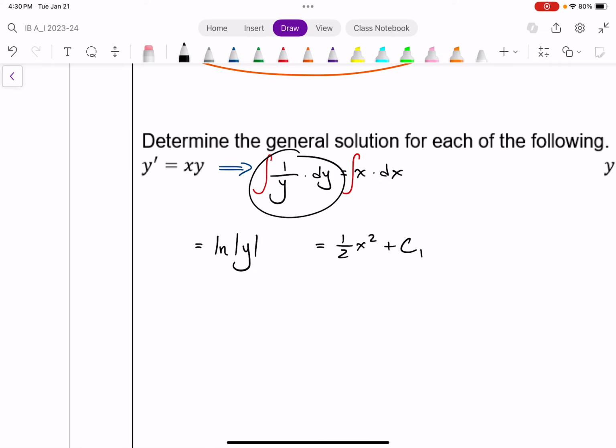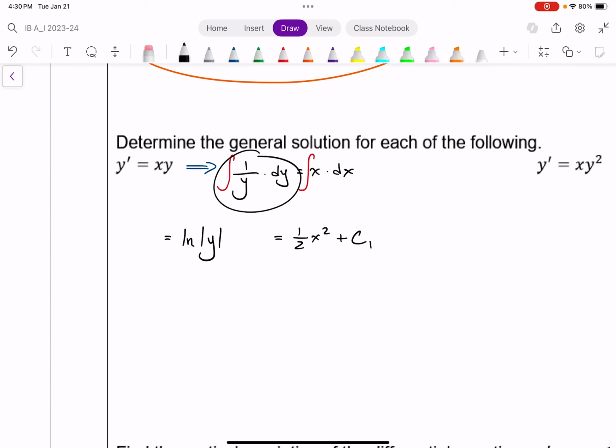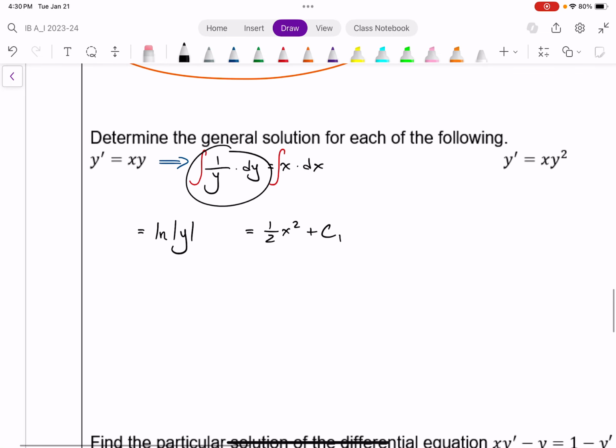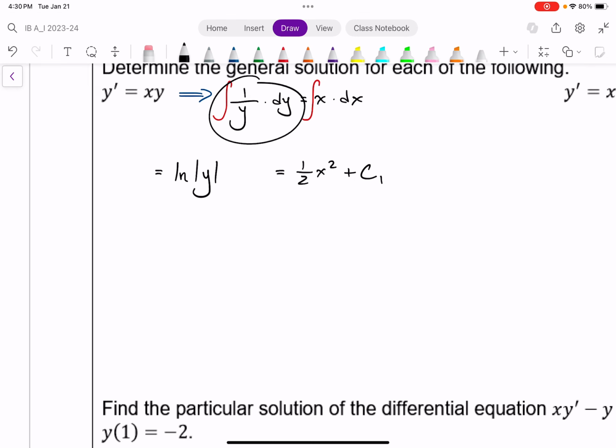All right, at this point, I now need to find the general solution. I need to solve for y. Now at this point, if I look at my absolute value brackets here, as long as y is positive, we're okay. And quite often, as long as we don't forget that the natural logarithm can't have a negative inside there, we just move on and think of this as the ln of y.